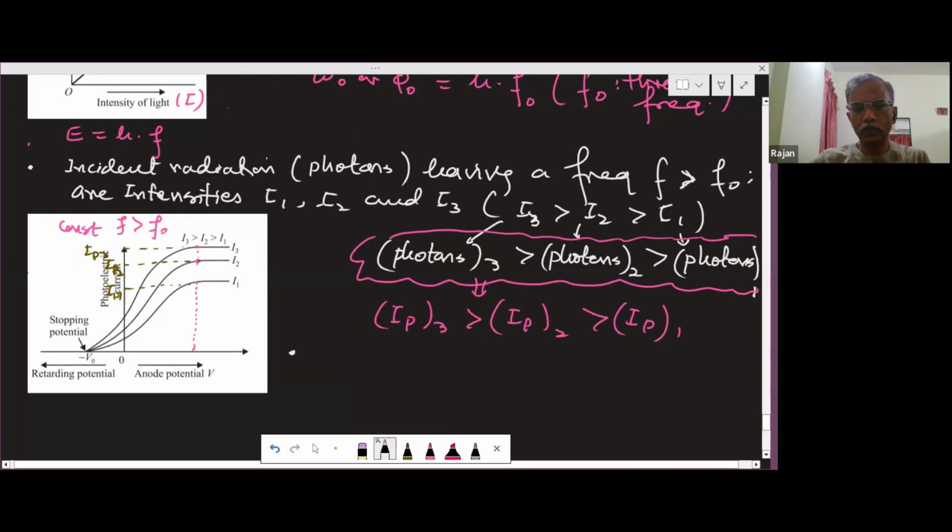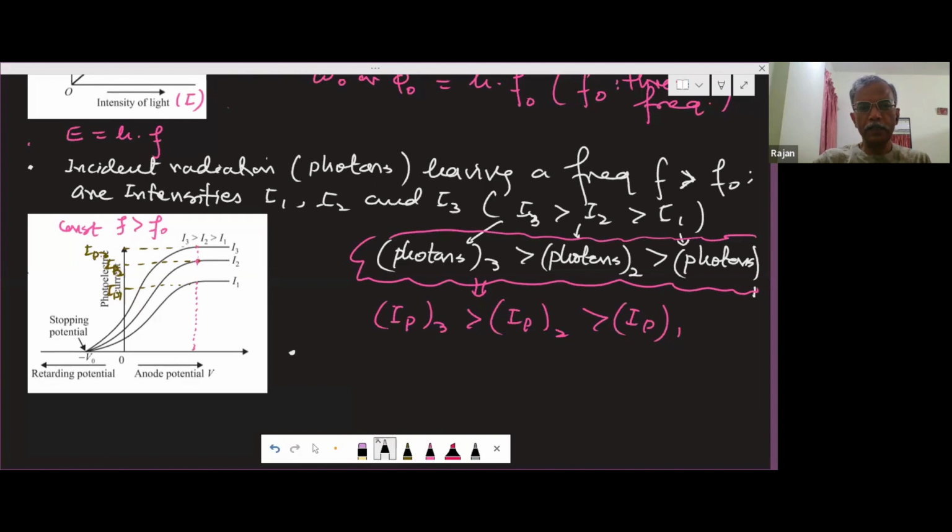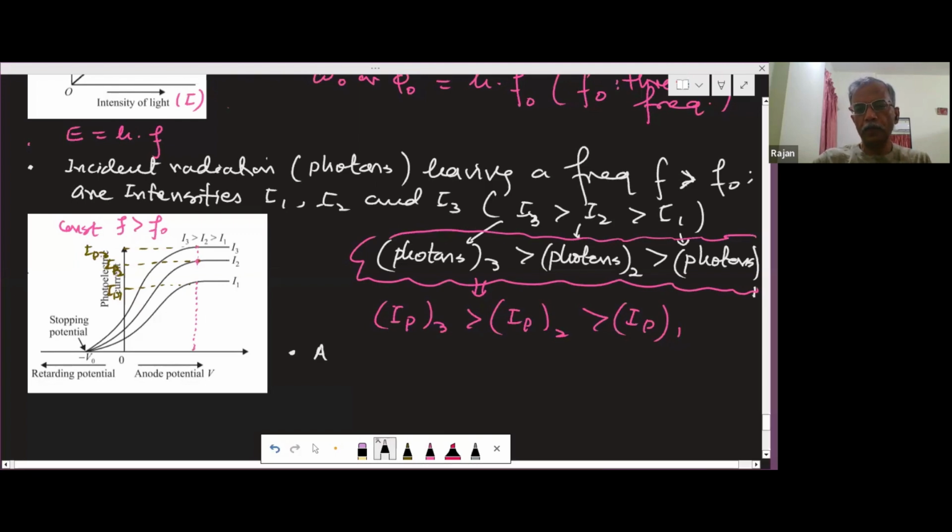Then the other point we'll be writing here is about saturation. You start increasing the anode potential, anode voltage V. If that increases, what will happen? Your graph will move up.